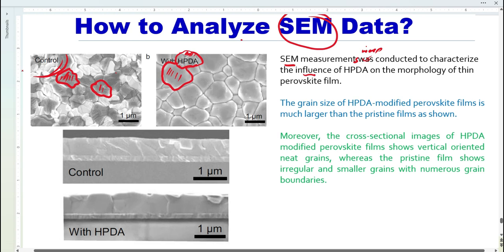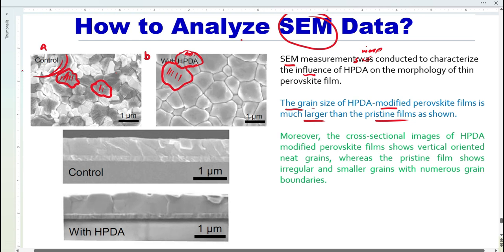So we can write about this: the grain size of the HPDA modified perovskite film is much larger than the control, or the pure, or the pristine film, as shown in figure A and B here. These are two figures. So this is very important to explain in this discussion. You can also talk about other things if you can see them, but these are the major things you have to explain. In the next videos, I will also use some other images to explain different things in SEM images.